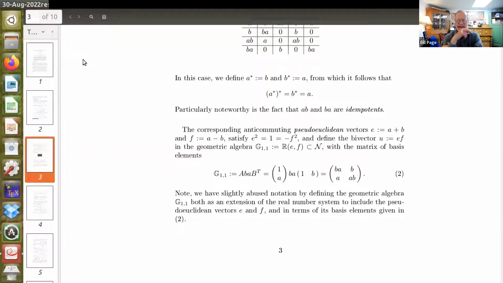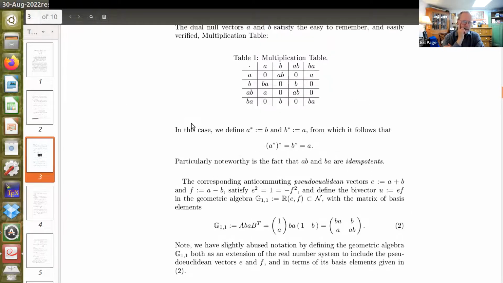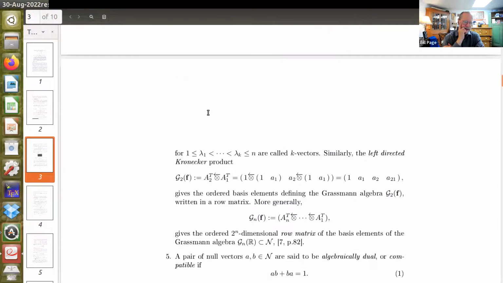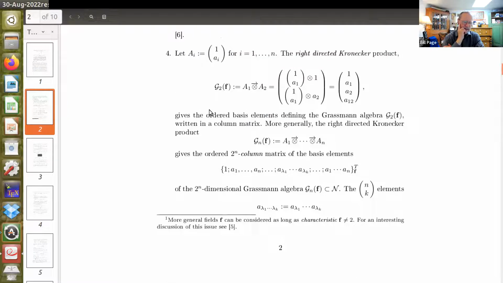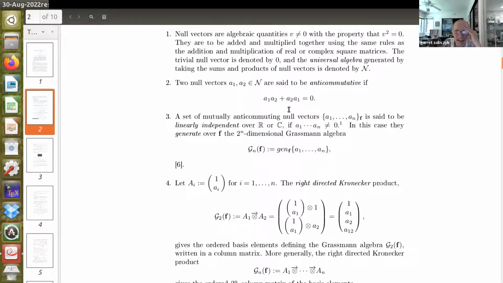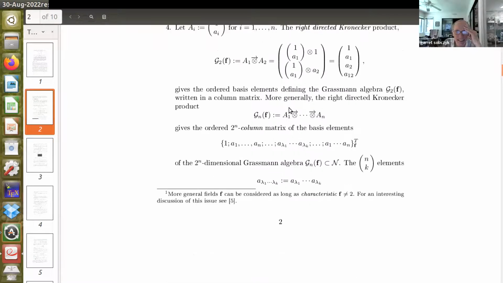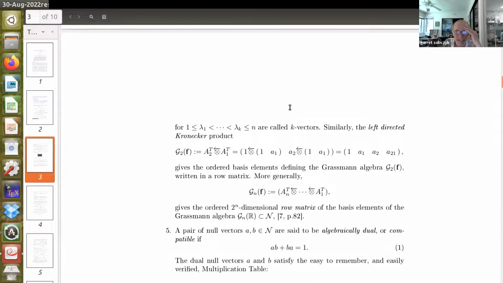Can you go back to where you wrote the compatibility? Yeah, there, equation number 1. Okay, let's see, where is that? Oh, okay, here.